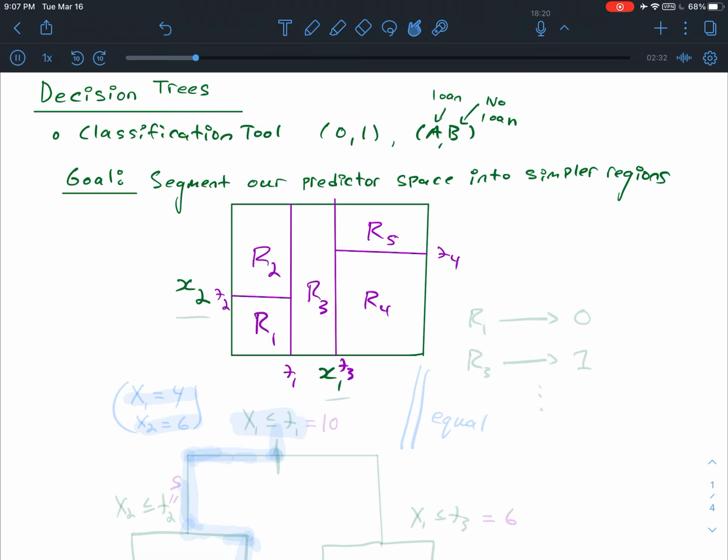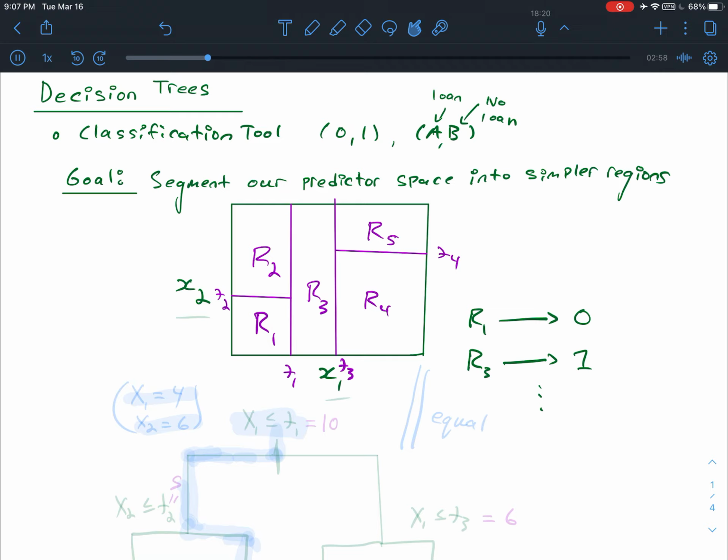I'm not saying this is it, but maybe everyone in R1, I assign them to class 0, maybe everyone in R3, I assign them to class 1, etc. The idea is I'm going to make these regions in such a way that the people who land inside of them are similar, and in such a way that when I assign everyone in those regions to a group, my classification is in some sense good.